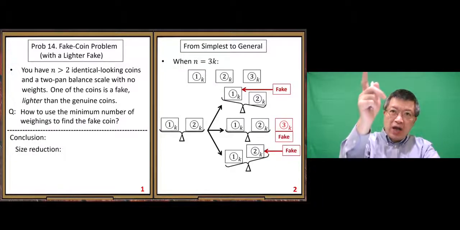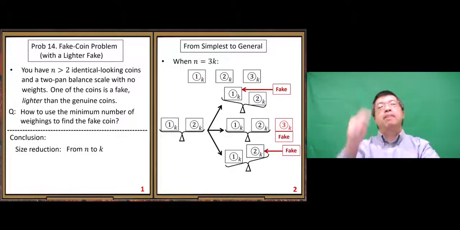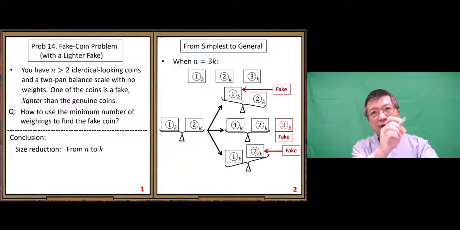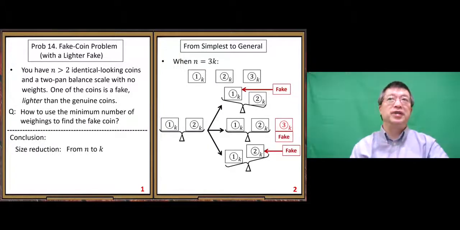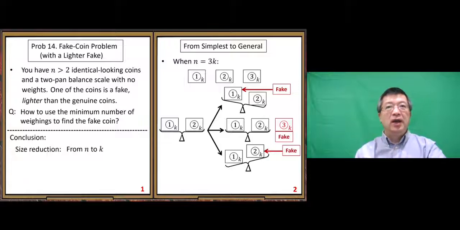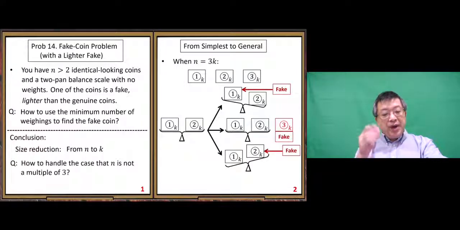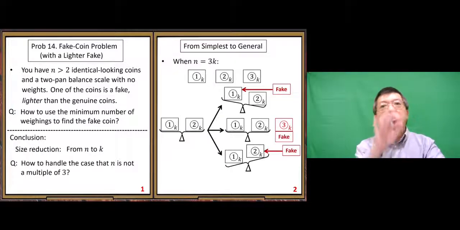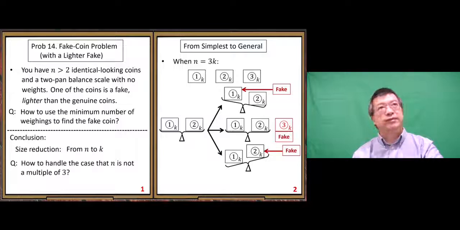From original size n to k, we reduce the size from n, or 3k, to k, divided by 3. So that's a special case. We want to know how to handle the case that n is not a multiple of 3.